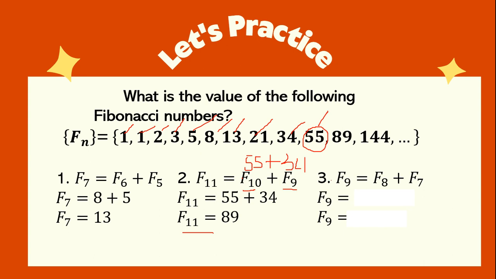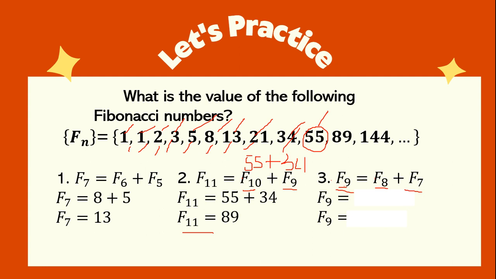And also the ninth generation, f sub 9: 1, 2, 3, 4, 5, 6, 7, 8, 9. Okay, 34. To get the ninth generation, we add the two generations before f sub 9, which are f sub 8 and f sub 7.